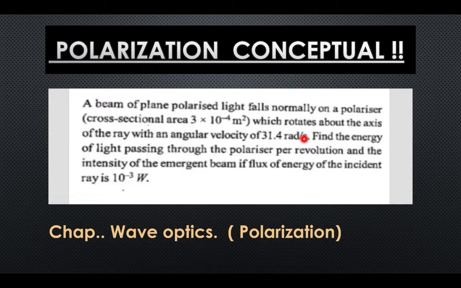Find the energy of the light passing through the polarizer per revolution and the intensity of the emergent beam, if the flux of energy of the incident ray is 10 to the power minus 4 watts. So in the first part we need to find the energy, and in the second part we need to find the intensity of the emergent beam.